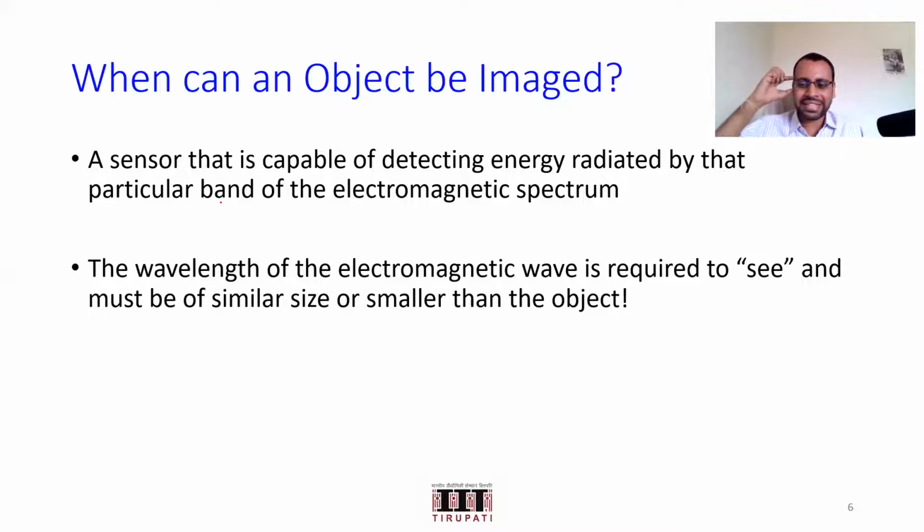But then you should have a sensor. Our sensor is at the back of your brain, where the signal goes and gets analyzed. So that should be tuned for the visible spectrum we have.